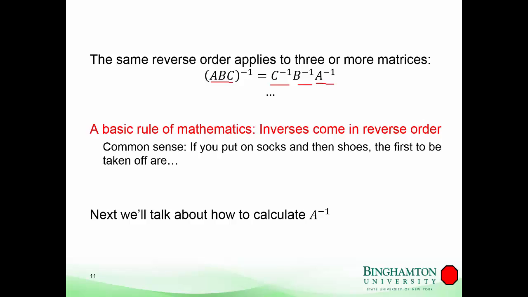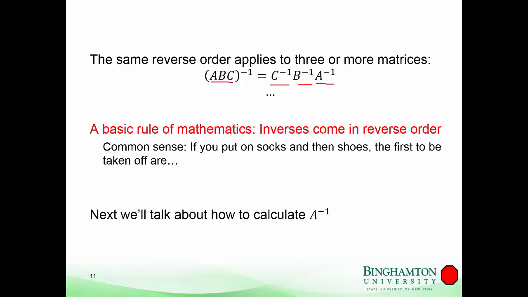In the next set of notes, we'll talk about how to calculate the inverse. So in this set of notes, we introduced the idea of an inverse, focusing on square matrices. We talked about how some square matrices are not invertible. We talked about a bunch of necessary conditions, and some sufficient conditions, for when an inverse exists.